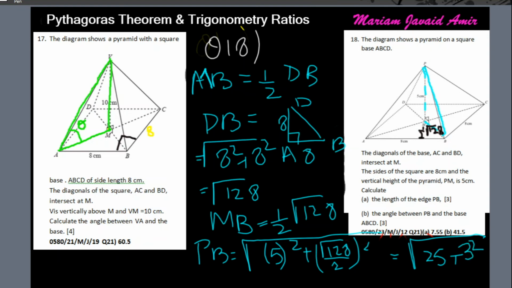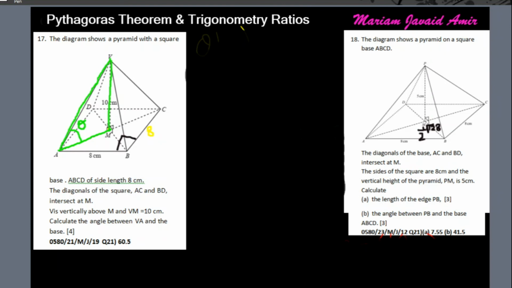So 32 plus 25 is 57. So this becomes under root 57. What is the value of under root 57? That is 7.54, 7.55 rounded off. So this is the answer for 18A.